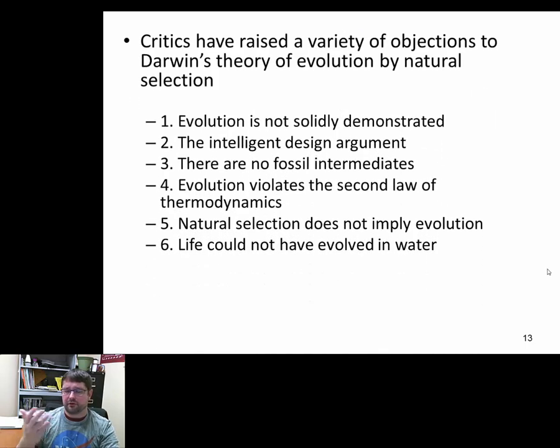Their criticisms mainly are these six things: that evolution is not solidly demonstrated, okay? Although I will show you some examples where there's quite a bit of evidence and we can demonstrate evolution in a human's lifetime. Now remember, evolution is change in genes or genetics of a population over time.